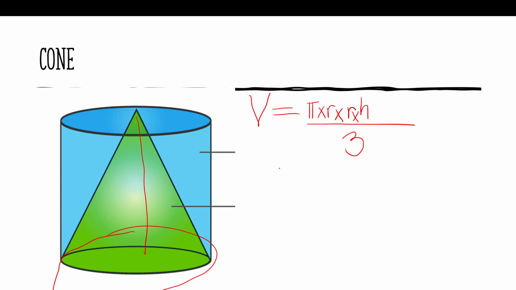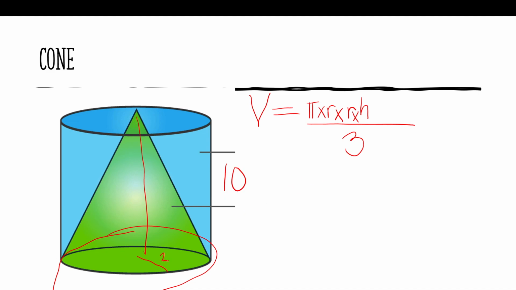So the final formula is pi times radius times radius times height, all divided by 3. So yan ang ating formula. Lagyan natin ng dimensions para makapag-example tayo ng calculations. So same, we have 2 units ng radius and 10 units ng height.